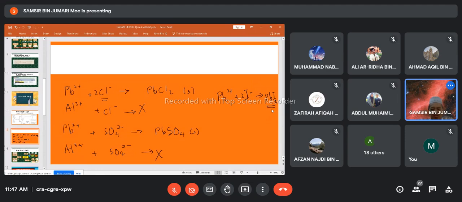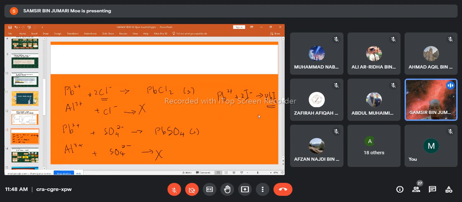So potassium iodide solution can be used as a reagent to distinguish between lead(II) ion and aluminium ion, because there is a different observation.